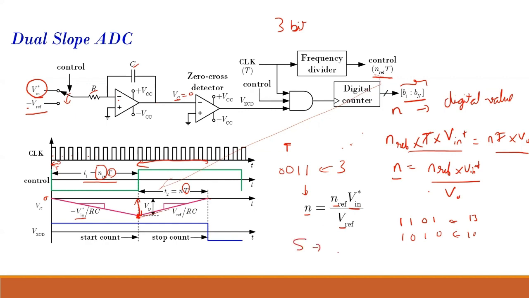See, 5 volt will not be represented as 101. That depends. The maximum value of the digital counter is decided by the ADC. We have a V supply. If V supply is 5 volt and it is a 3-bit ADC, then it should show 111 when my input voltage is 5 volt.